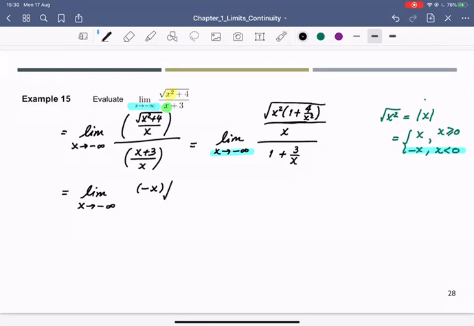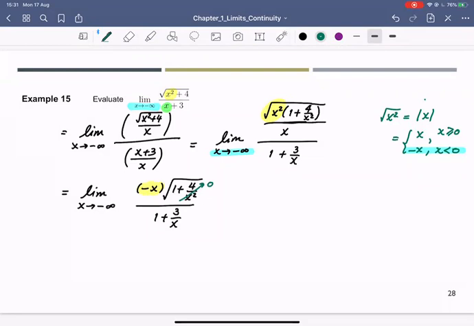And then you have the square root of 1 plus 4 over x squared, over 1 plus 3 over x. Be careful about this step. Usually students make a mistake because they forget to bring the negative sign out. After that, the rest is easy because this is 0.